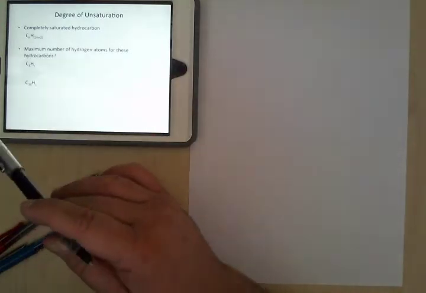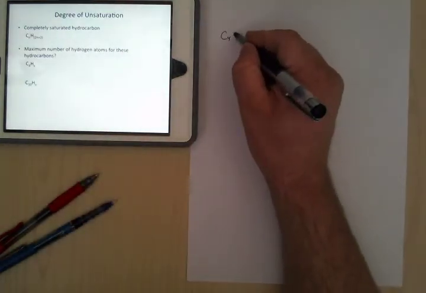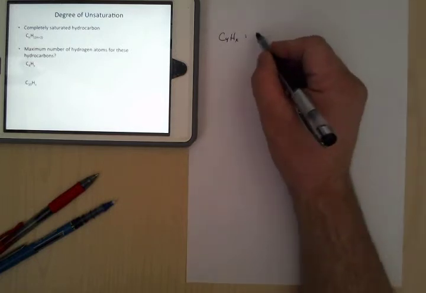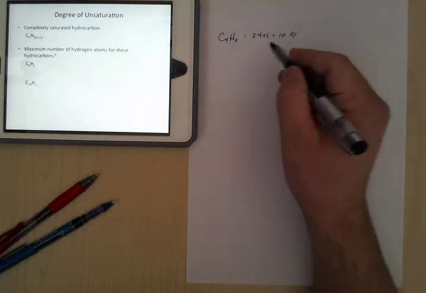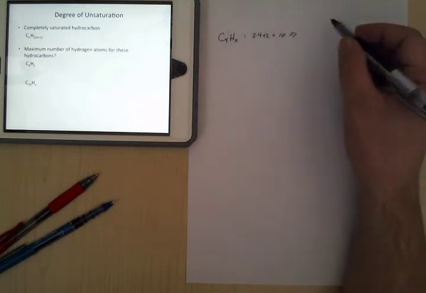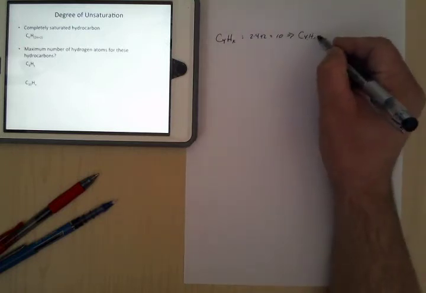That's the biggest it could be. So if it's C4, what's the maximum number of hydrogens we can get? Well, it's 2 times 4 plus 2, so it's 10. So the maximum saturated C4 compound is going to be C4H10, right?